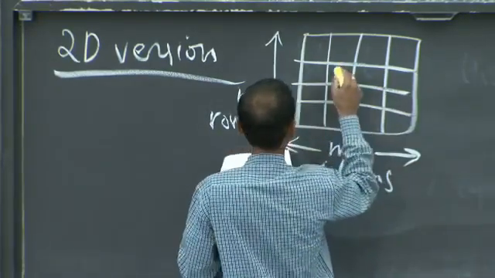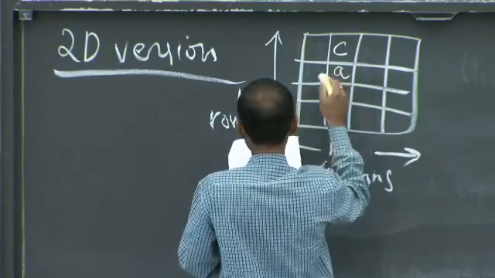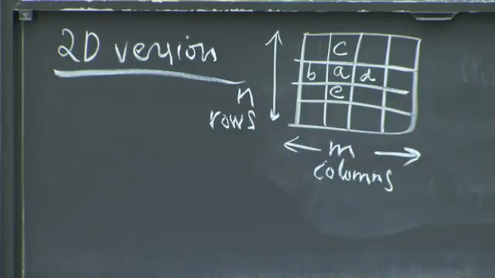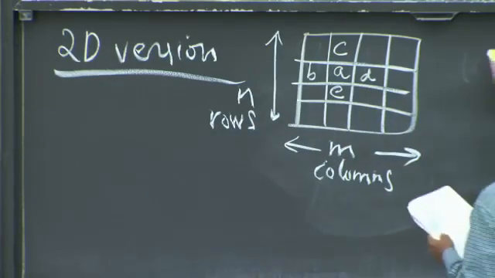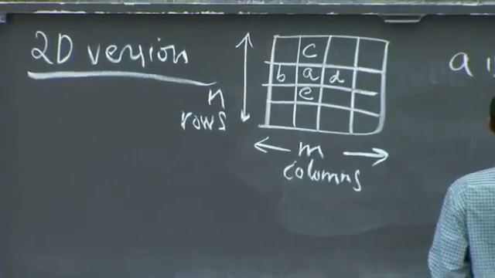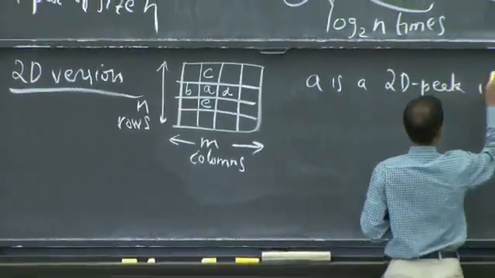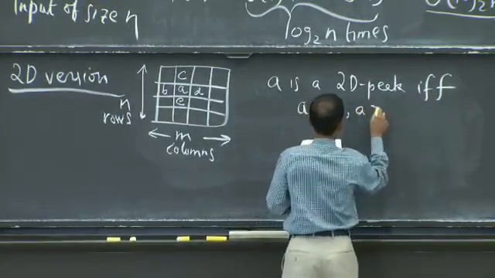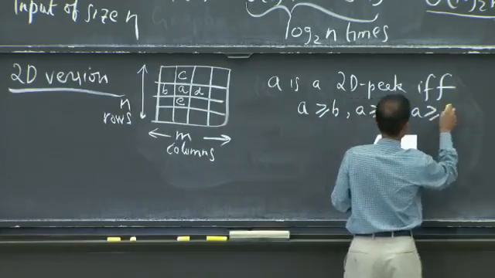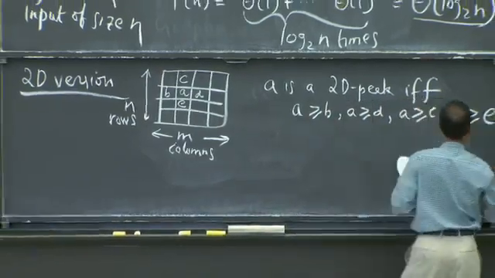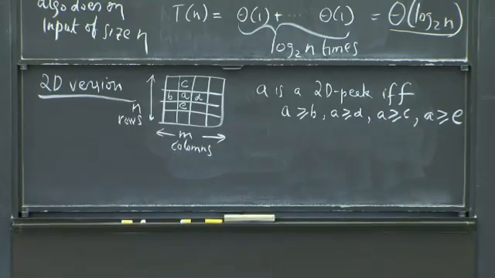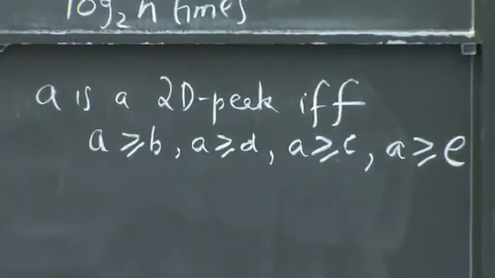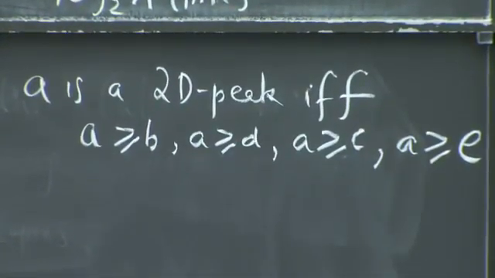So if you had A in here, with C, B, D, E around it, then A is a 2D peak if and only if A is greater than or equal to B, D, C, and E. Right, so it's a little hill up there. And again, I've used the greater than or equal to here, so that's similar to the 1D in the case that you'll always find a peak in any 2D matrix.